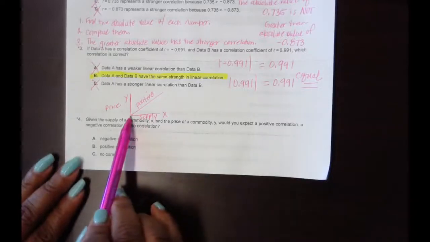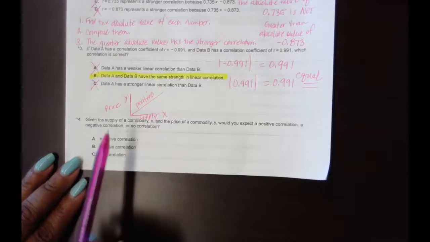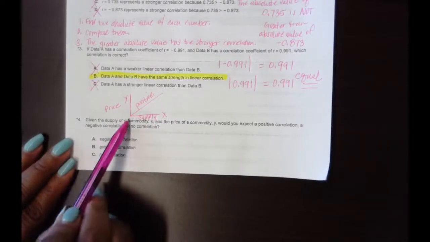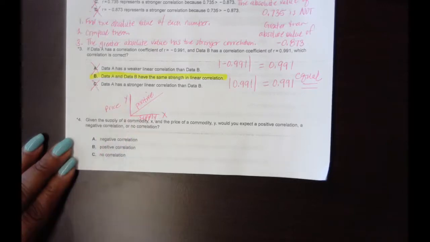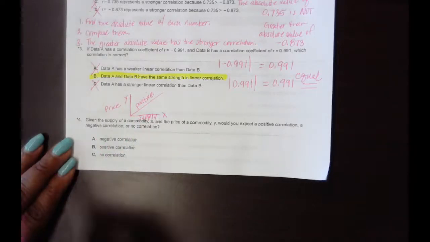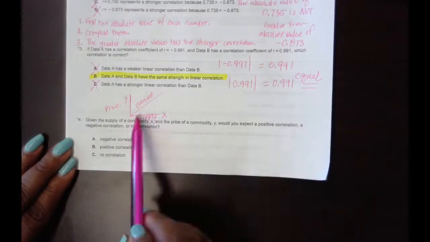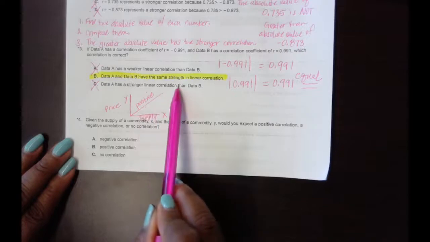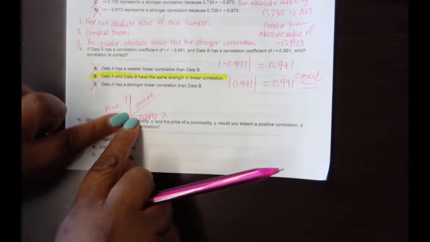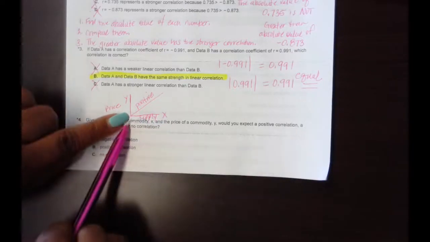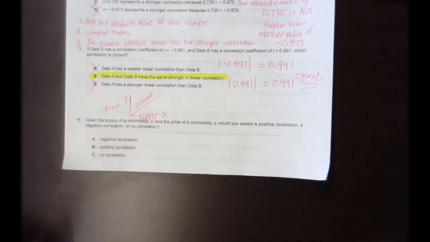As the supply increases, the price also increases. As the supply increases, the price increases. That's why everything goes up. So as my supply goes up, that's from left to right, my price also increases.